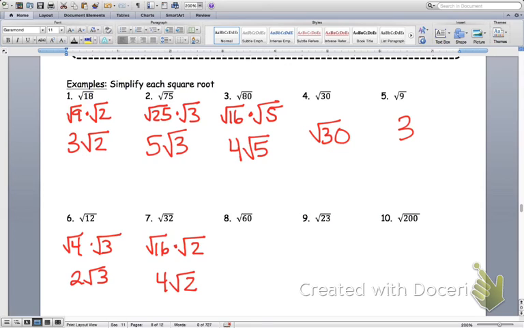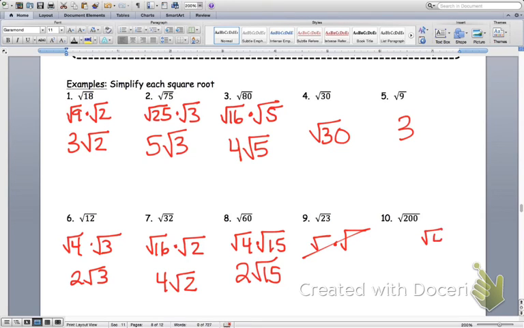Next one, 60. What perfect square goes into 60? In this case, we can say 4. 4 times 15. And we get 2 radical 15 to simplify. All right, square root of 23. What perfect square goes into 23? And again, nothing goes into 23.